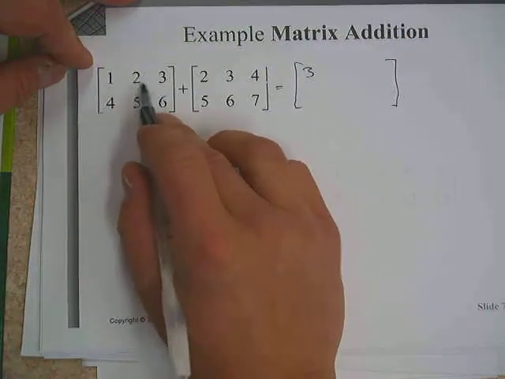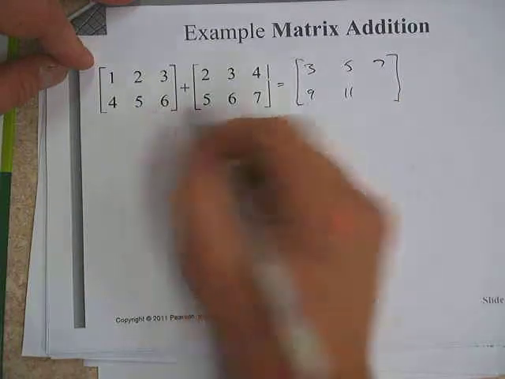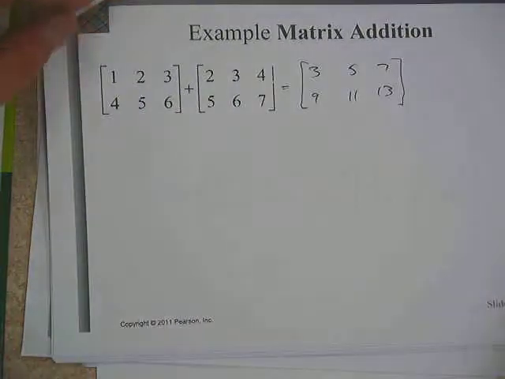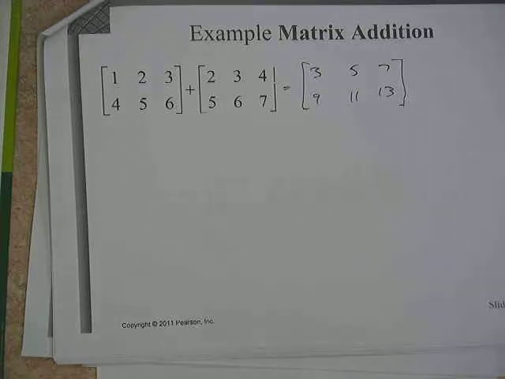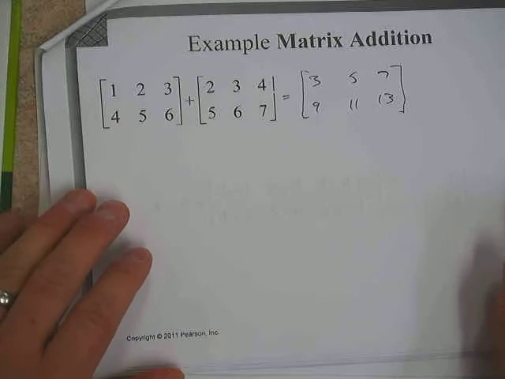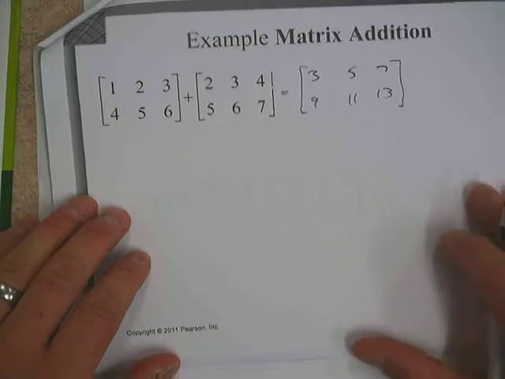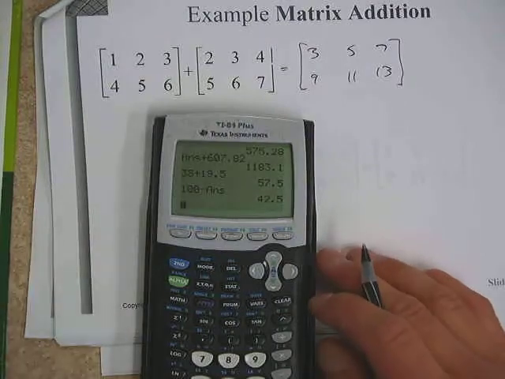The 1 corresponds to the 2, so our first entry would be 3 in the addition matrix. 2 and 3 make 5. 3 and 4 make 7. 4 and 5 make 9. 5 and 6 make 11. 6 and 7 make 13. So that would be the added matrix. If we were asked to subtract these two matrices, we'd do the same thing, except we would subtract the elements. Fair enough?